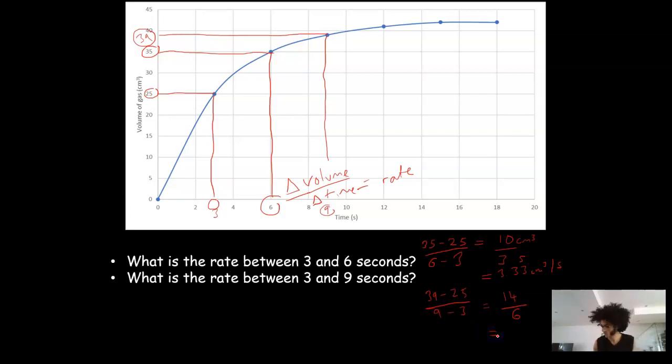So I do 14 divided by 6, and I put that in my calculator, which gives me 2.33. And again, it's centimetre cubed per second.